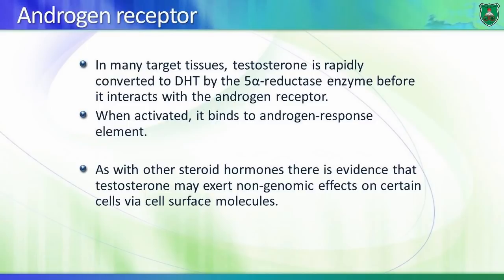Now, once activated, the androgen receptor binds to the androgen response element. There is also evidence that androgens have non-genomic effects, that they bind to cell surface receptors, or maybe the intracellular receptor itself may have a non-genomic effect. That is, it can regulate adenylate cyclase indirectly.